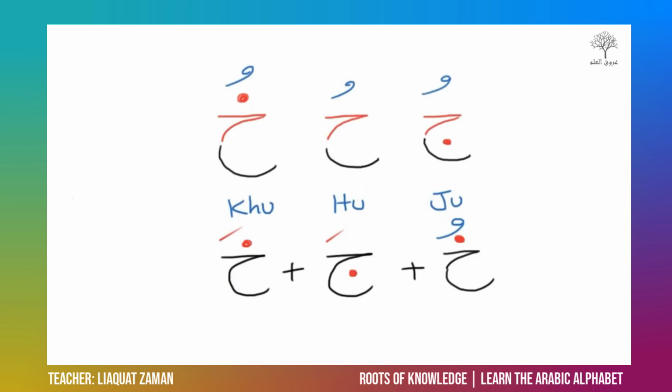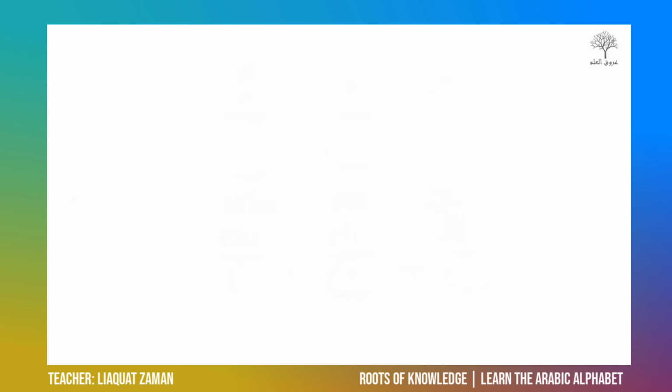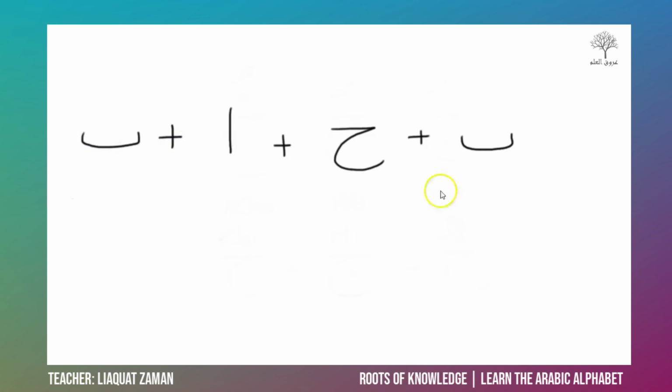Now let's combine these with the previous ones. Let's remove all of today's lesson and combine with the previous lessons as well. So, okay, let's say you had something like this, and let's make it into four letters this time.